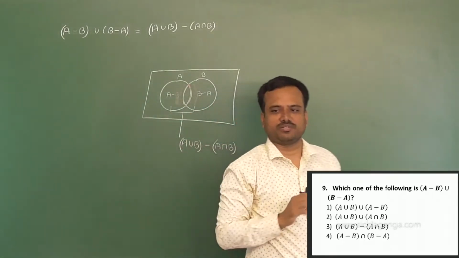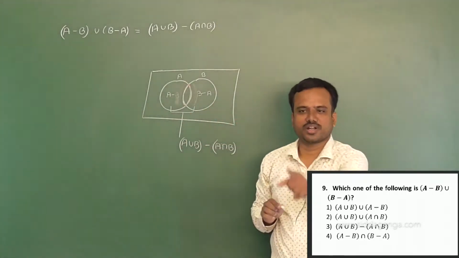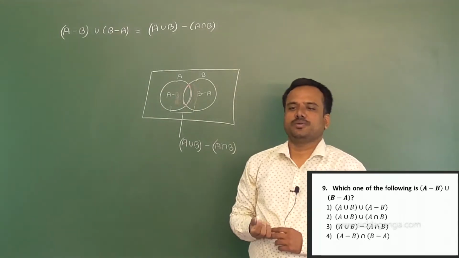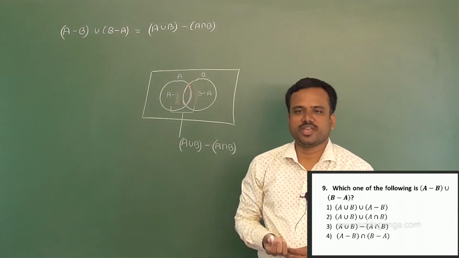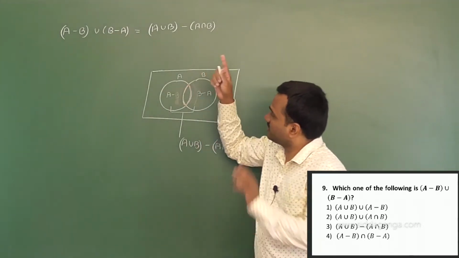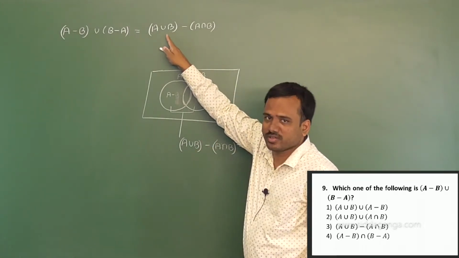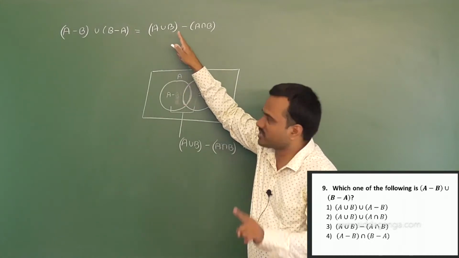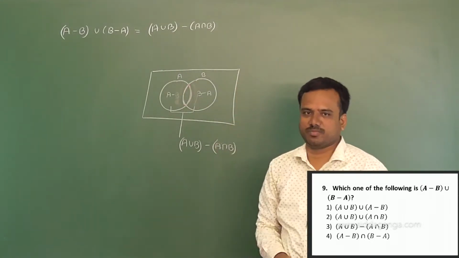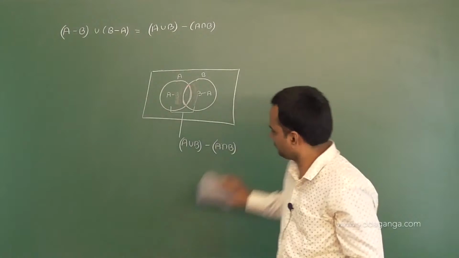So for this one, the option is the third option, A union B minus A intersection B. This means the set of all elements which are present in A union B, but not present in A intersection B. Next question.